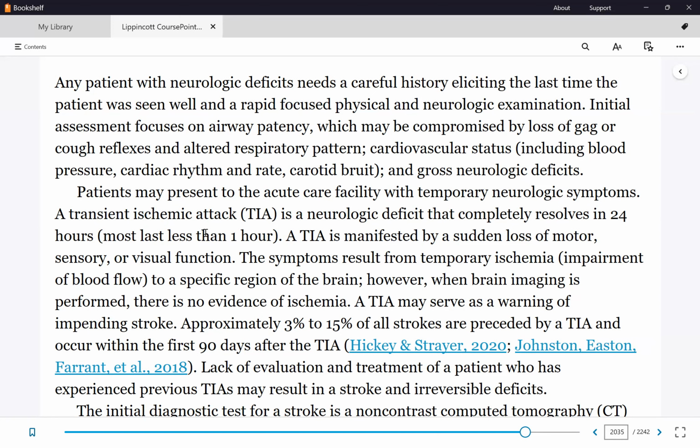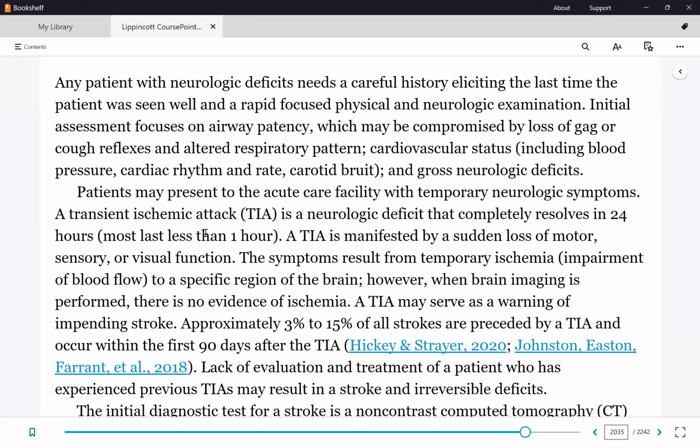Do we leave them with no interventions, not even an aspirin? No, we give them a treatment. The symptoms resolved even without a thrombolytic, but again, we don't take chances, whether it's a TIA or stroke.